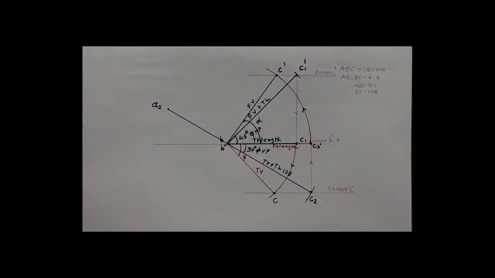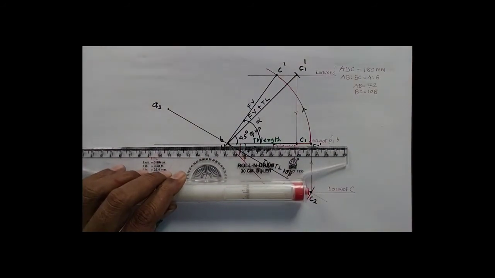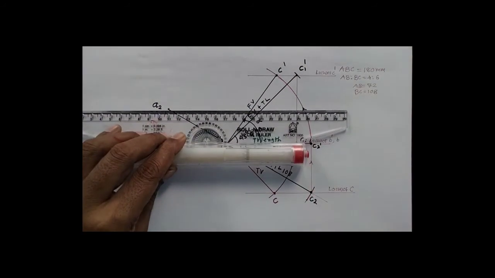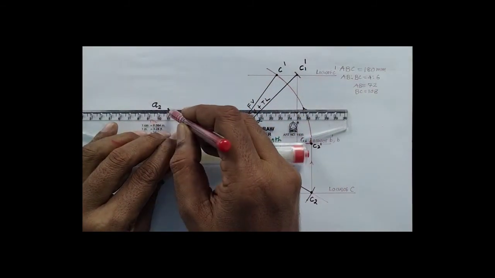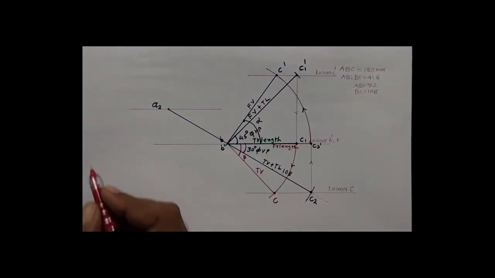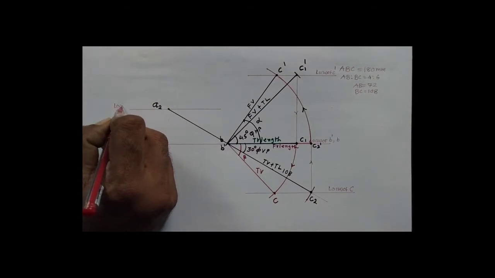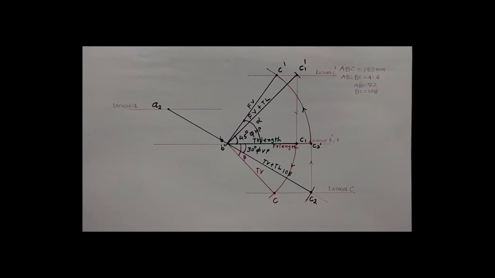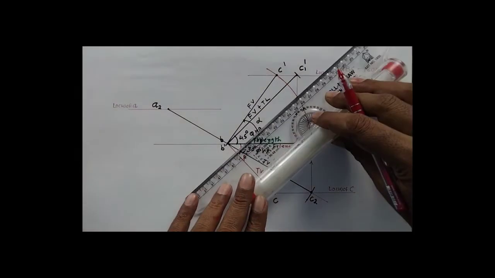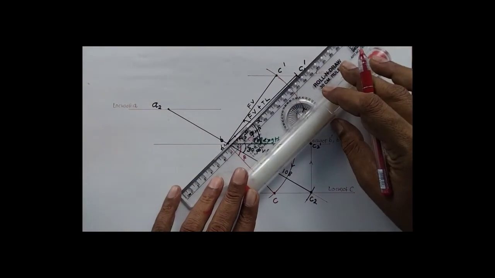From this A2 point, I draw the locus of A. It is my locus of A point. Similarly, you can extend your elevation true length, 72 mm.